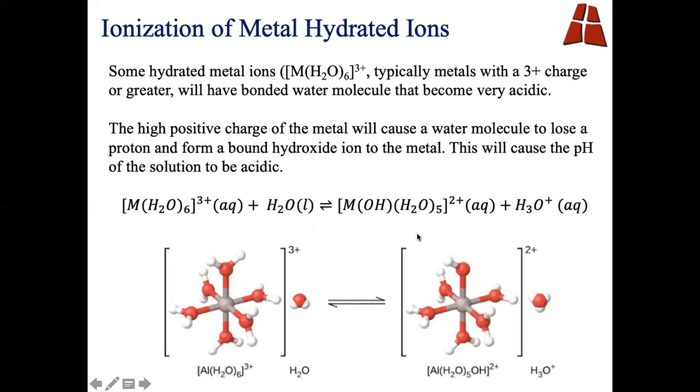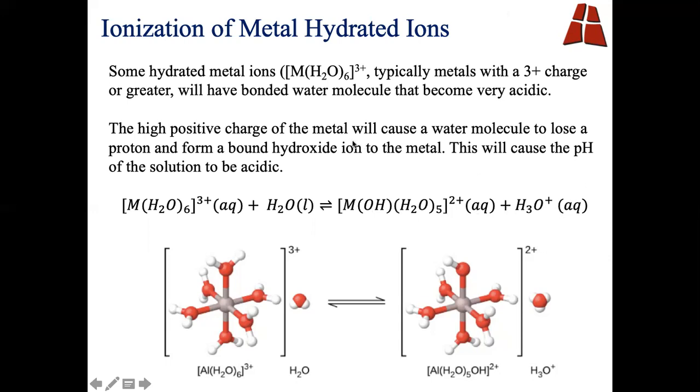Right, continuing on, one of the other ways that the pH of water can be affected is if there is a strongly or highly charged metal species. If we have any metal ions that are 3+, a classic example being aluminum 3+, when they bind to water, that water will actually become acidic, and we will form metal hydroxides and produce hydronium.